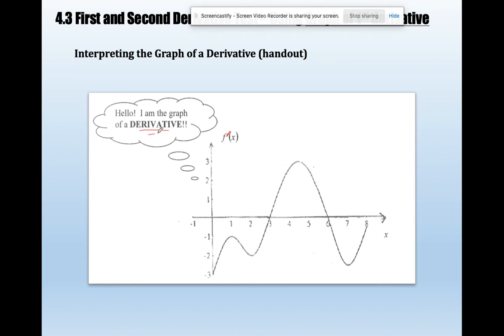This is the graph of a derivative. How do I know? They labeled it such. I am not looking at the original, but they're asking me questions about the original. So given f prime, answer questions about f.